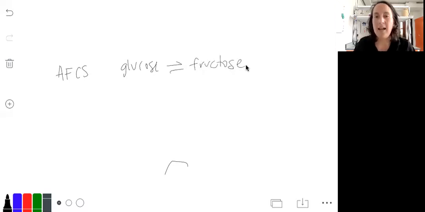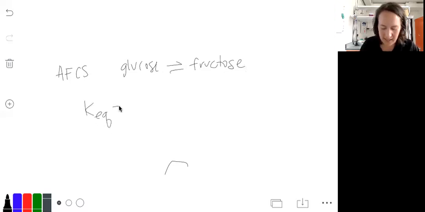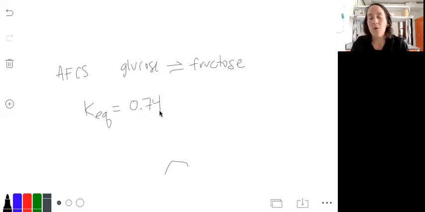All right, so the K for that reaction, the KEQ, is equal to 0.74. Off the bat, what does that tell you about this reaction? Are products or are reactants favored? And hopefully, since the number is less than 1, you can say that the amount of reactants is larger, so you have a bigger denominator, right?